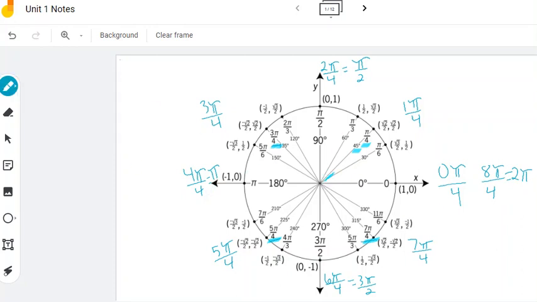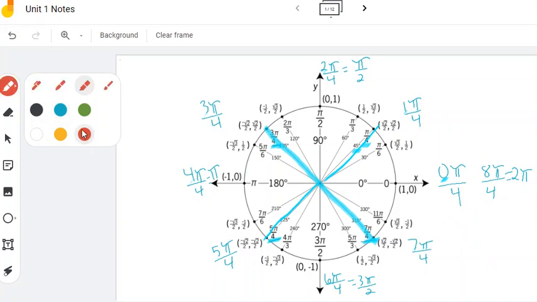So all of these 45-degree angles have a denominator of 4, and we're just counting from 0, 1, 2, 3, 4, 5, 6, 7, 8. But you just have to simplify your fractions.